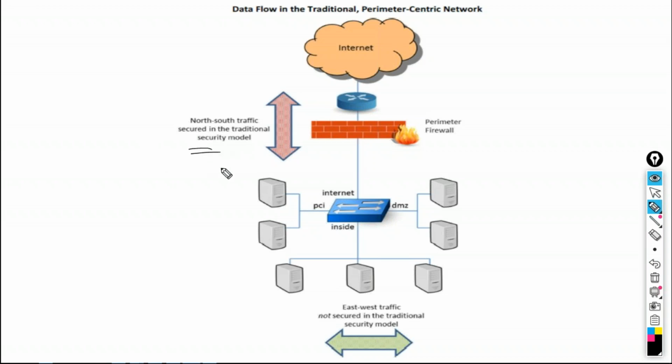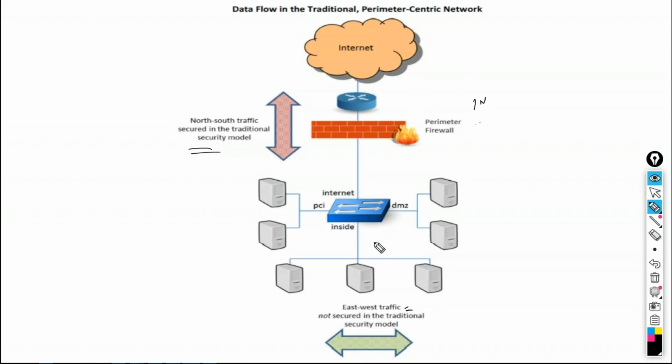And traffic across the data center is known as east-west. The only disadvantage was that your perimeter firewall was taking care of only the inbound and outbound traffic towards the ISP or internet.